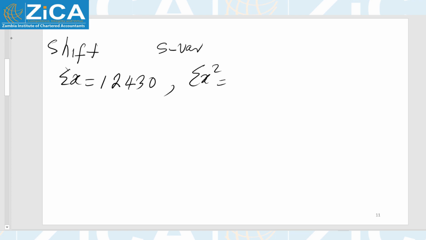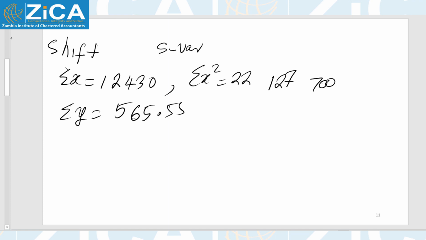Shift S var, follow the cursor key, 1, it will give you 22,127,700. It gives you all the values. Summation of y: shift S var, then follow the cursor key, 1 equal sign. It will give you 62.27.